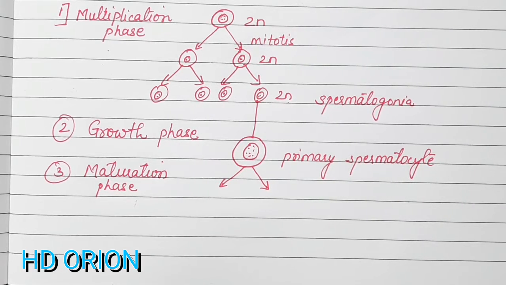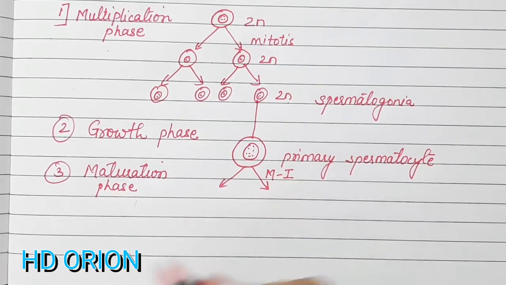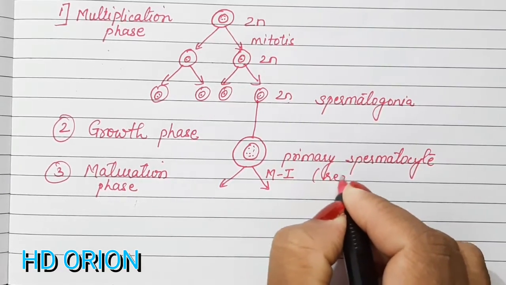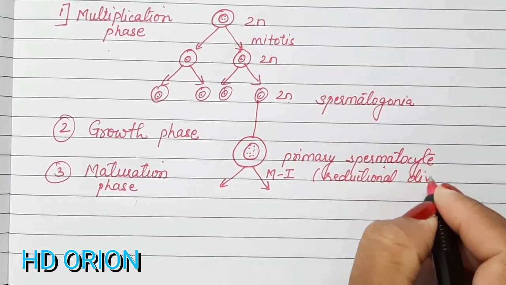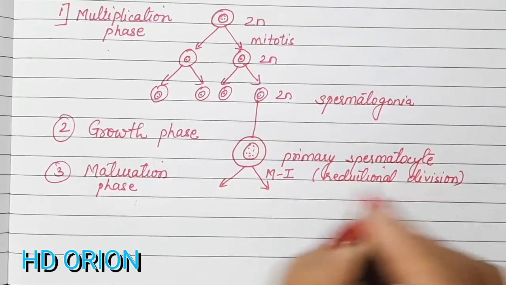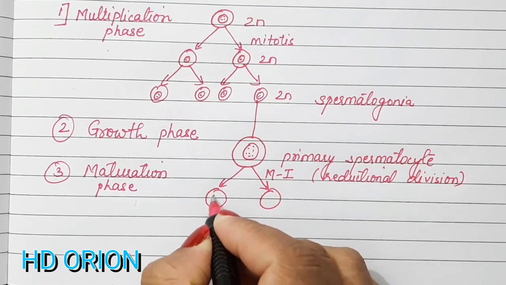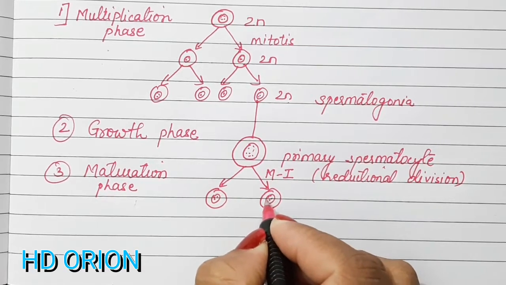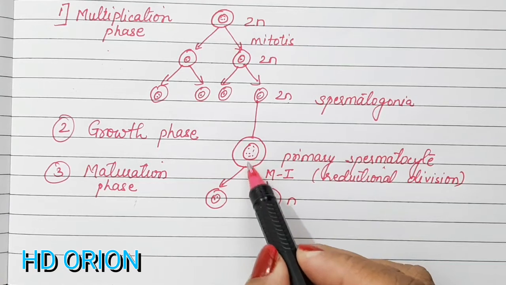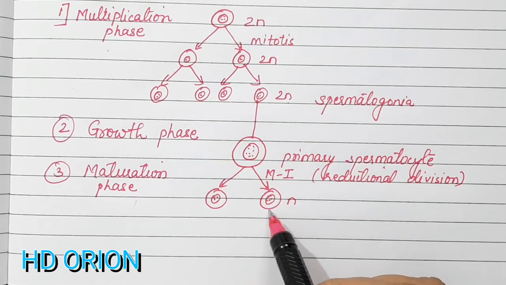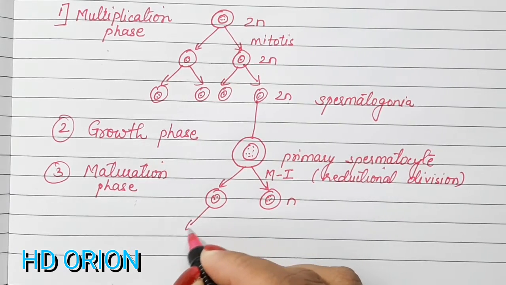Now, meiosis is divided into two phases, meiosis 1 and meiosis 2. This is meiosis 1, which is the reductional division. Reductional division means the 2n set of chromosomes will be reduced to n. So now the daughter cells will be n and will have 23 chromosomes. From diploid, the reduction has taken place in meiosis 1 and the daughter cells will be n, and this will again divide.